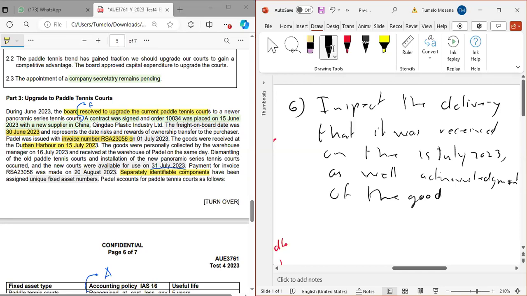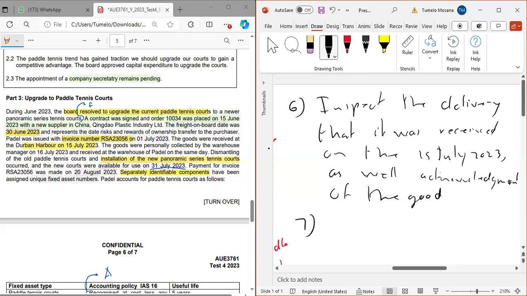So the goods were personally collected by the warehouse manager on the 16th of July 2023 and received at the warehouse of Paddle on the same date, right? Dismantling of the old Paddle tennis court and installation of the new Panoramic series tennis court occurred. The new tennis courts were available for use on the 31st of July 2023. Remember, installation is often associated with costs.